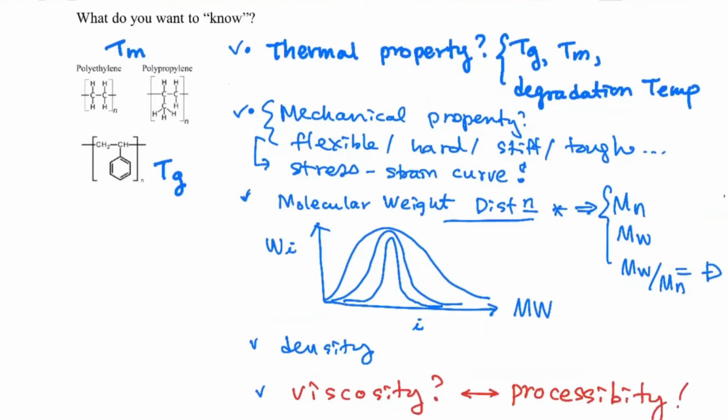Polymers are easier to process compared to metals and ceramics. Therefore, understanding viscosity is very important, because you want to easily soften this polymer and push it through nozzles and extrude it out, make a fiber spin, or make injection molding to make a lot of parts.